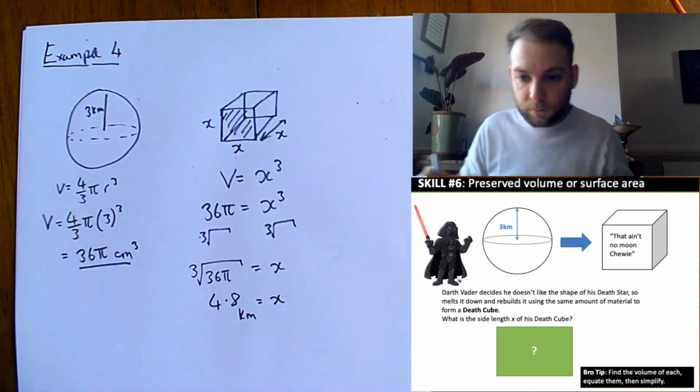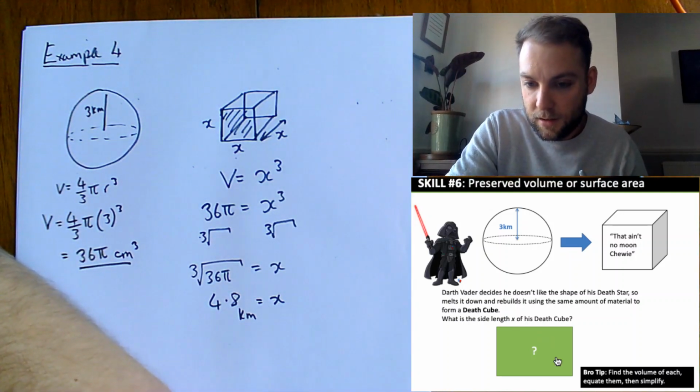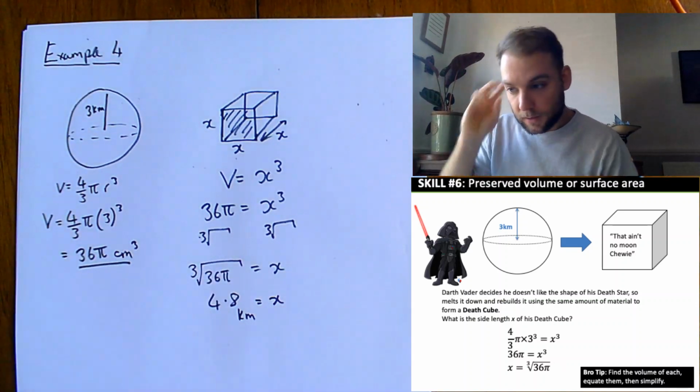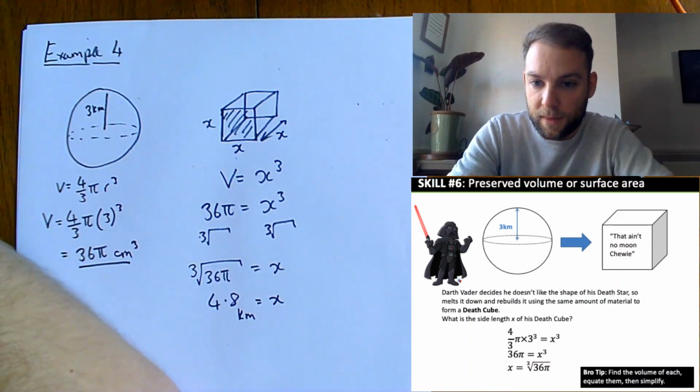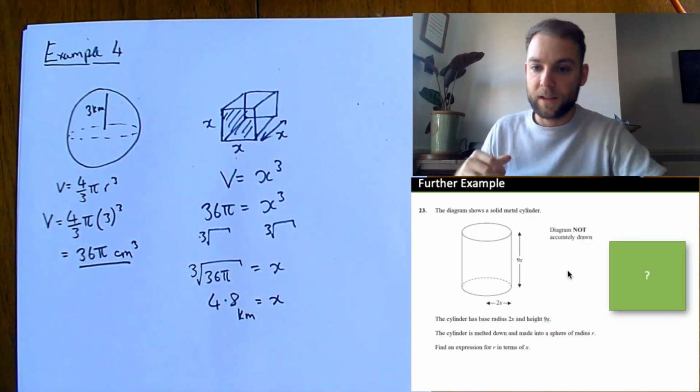That's going to be kilometres, isn't it? 4.8 kilometres. Let's just check that. Oh, they've left it as cube root 36 pi. So that's example 4. Let's move on to a trickier one.